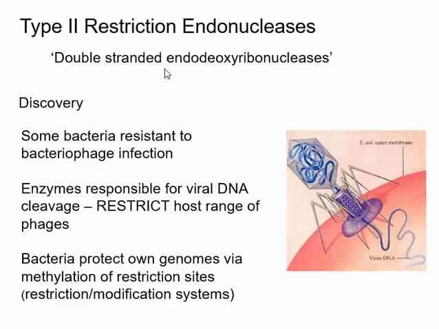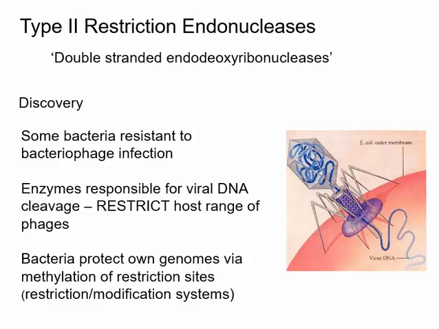Double-stranded, okay, we're dealing with DNA, it's double-stranded. Endo, that means it's cutting within the strand somewhere, not out at the very end. That would be an exonuclease, but we're interested in cutting our strand of DNA somewhere along its length. And then deoxyribo, that we're talking about DNA here, and nucleases means it attacks nucleic acid.